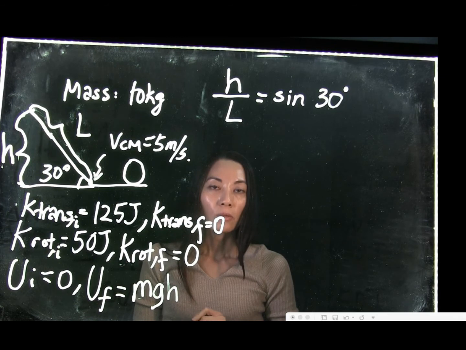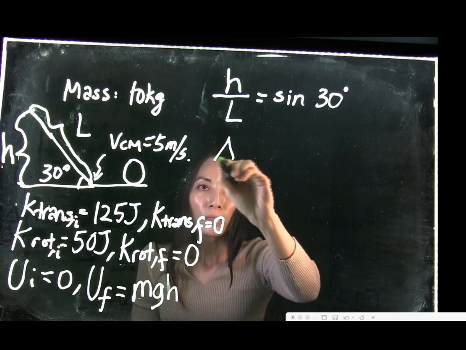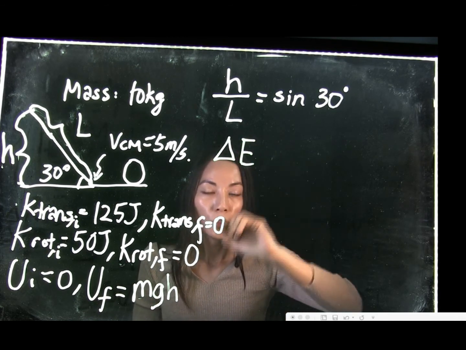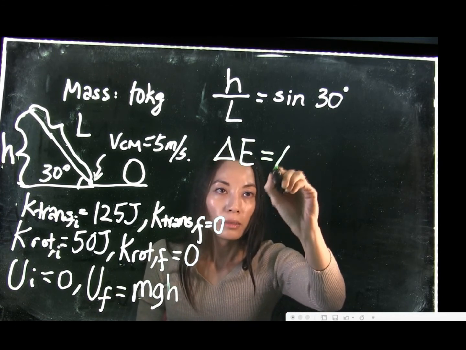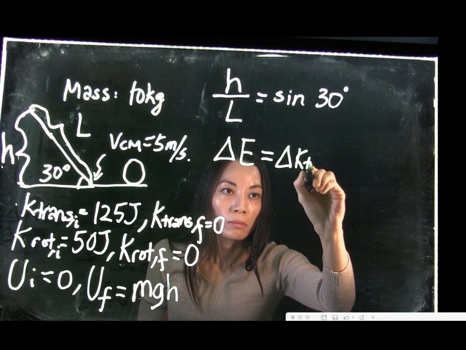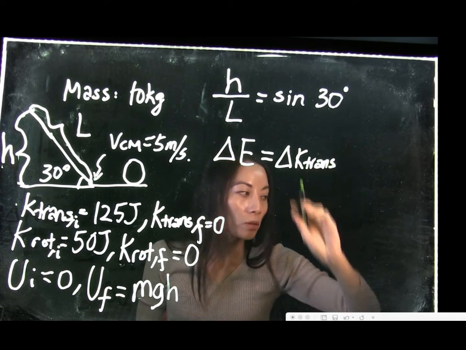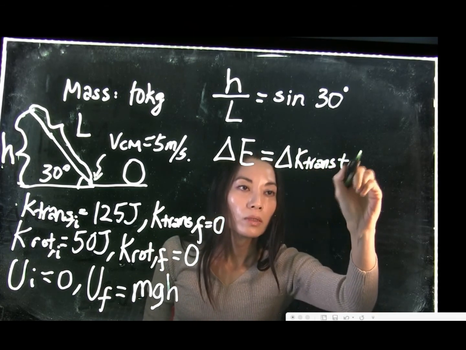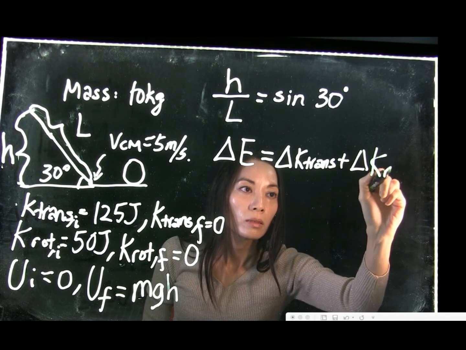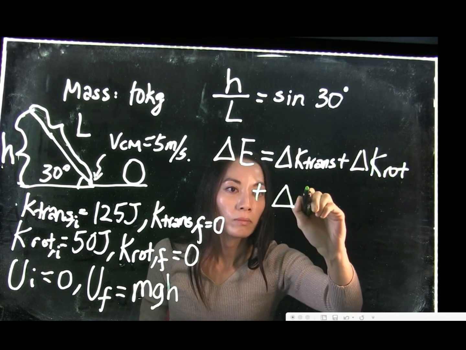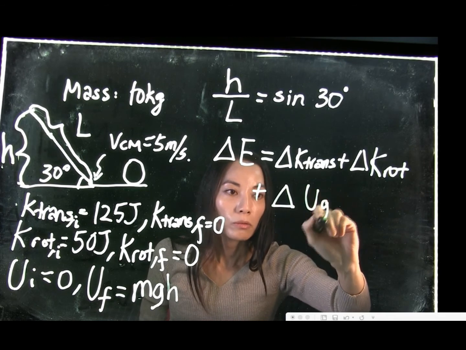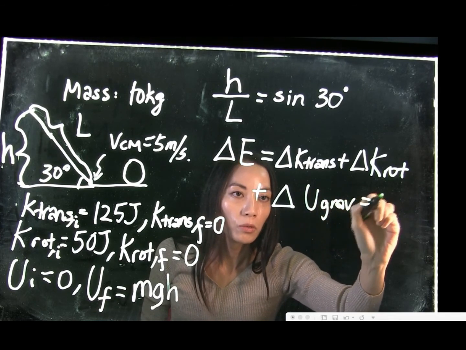So now we can write the energy principle where delta E, the change in energy of the system, which is conserved, is delta K translational plus delta K rotational plus delta U gravitational, and that's equal to 0.